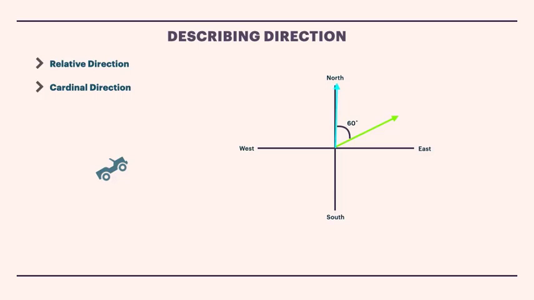And I've got to rotate it 60 degrees towards the east. So one way of describing that direction, we would say, well, that direction is 60 degrees east of north, which means we're on the east side of north and we're 60 degrees on the east side of north.